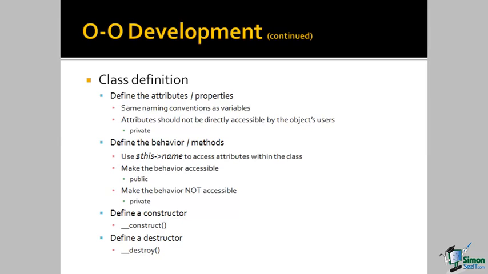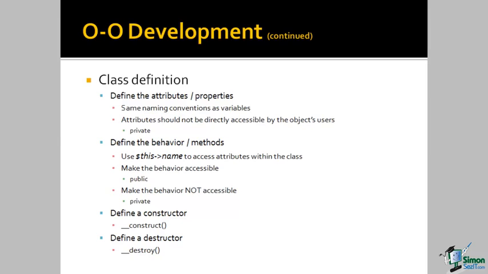Notice that PHP defines a constructor and a destructor for us. We don't have a choice of naming the constructor and the destructor. In PHP, when we want to provide a definition for how an object is to be constructed, what state it is to be in when it is created, we write a construct function.